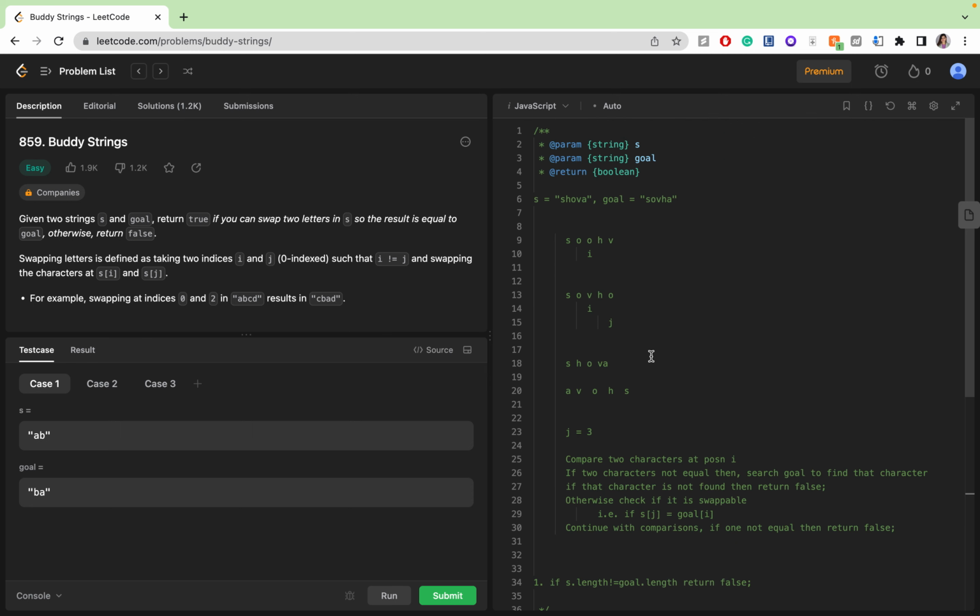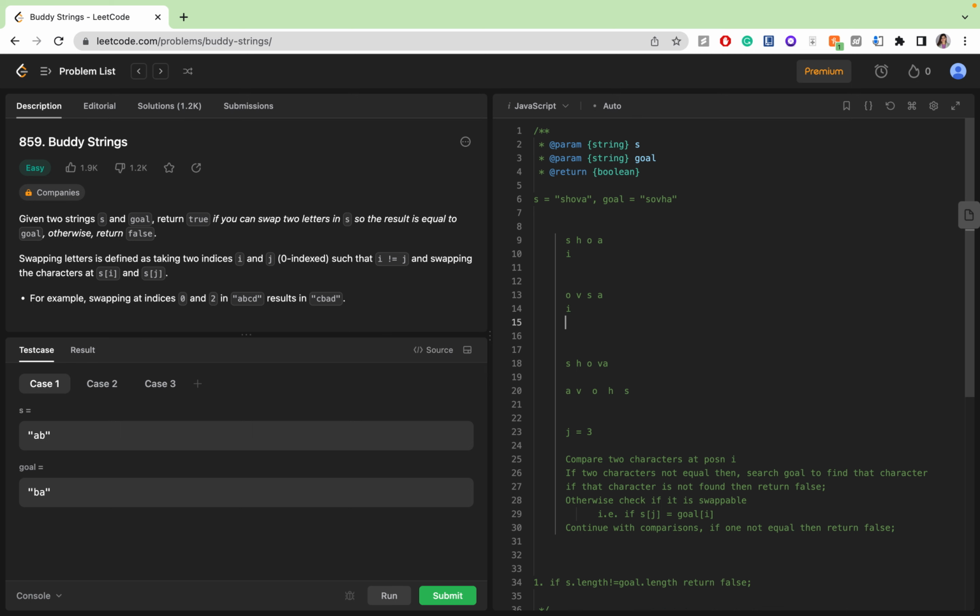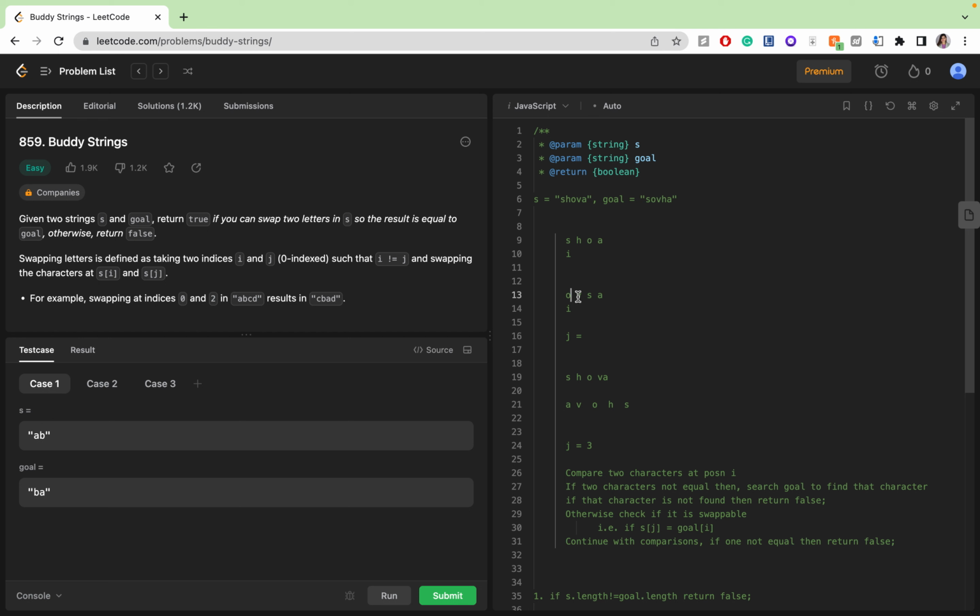What I was thinking is, suppose there is SHO and if there is OBS, then since this is not equal, j would be equal to 0 1 2, right?